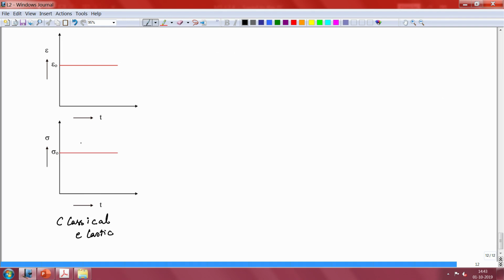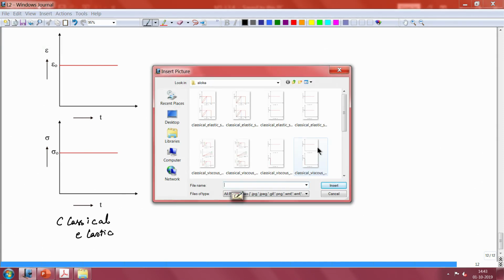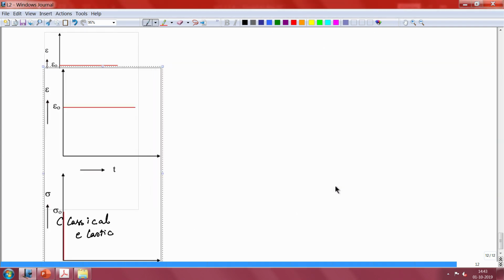So, basically even though you had flipped the experimental parameter, there was no perceptible change. But in the case of the classical viscous fluid, that is quite different.